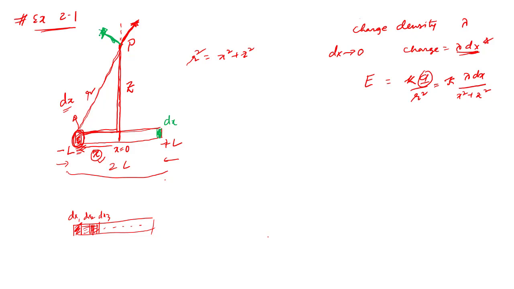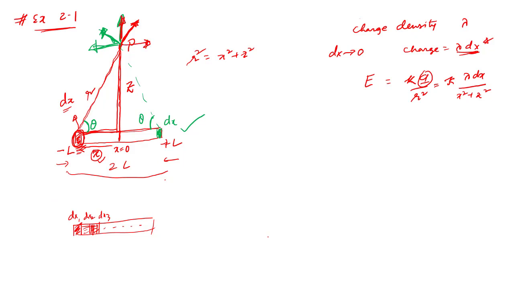If I call this angle theta, and same thing here, this angle is theta, then you see that the green one would have a component this way and this way that is coming from the right end. Similarly, the red one would also have a component along this way and a component this way.